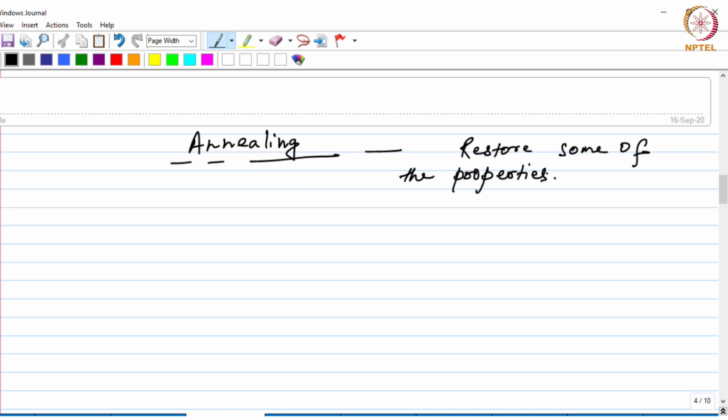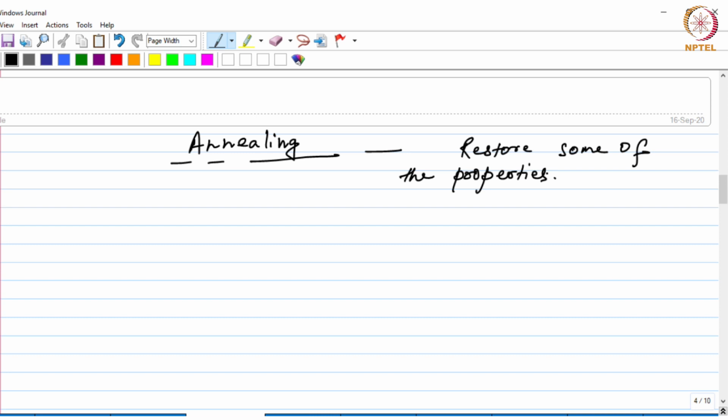Some physical or mechanical properties that could have been hampered due to the deformation process. For example, you have already seen that ductility is reduced. So if you want to restore some of the ductility into the material, then it has to be annealed.